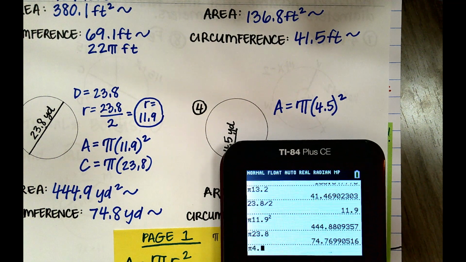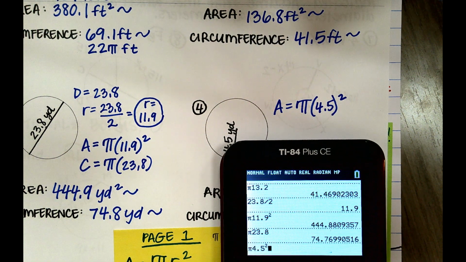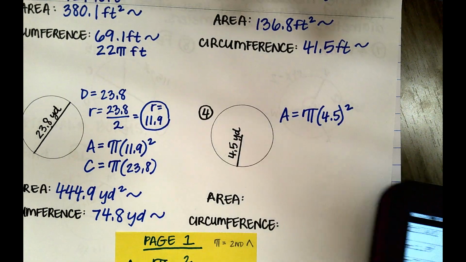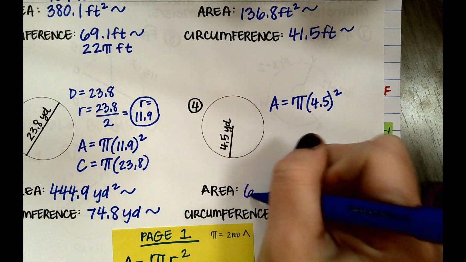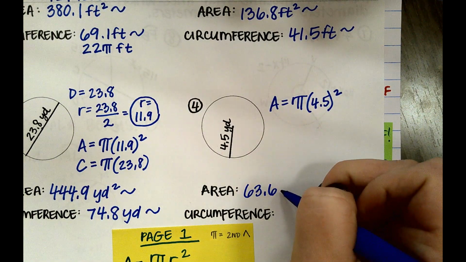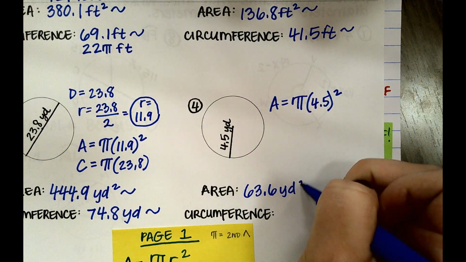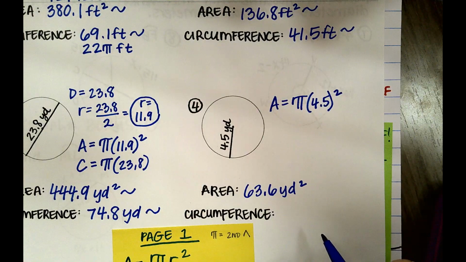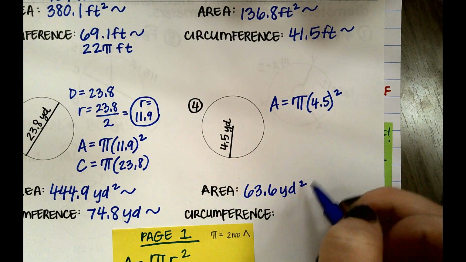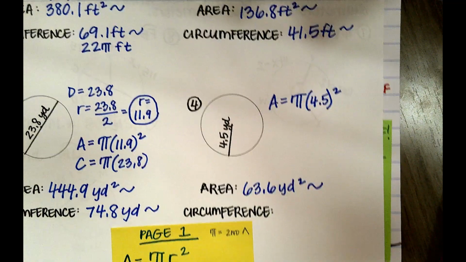Pi 4.5 squared. And we get 63 point, we'll round to 63.6. And my units, yards squared. And is this it for area? Tilde. Put the tilde. Don't forget it.